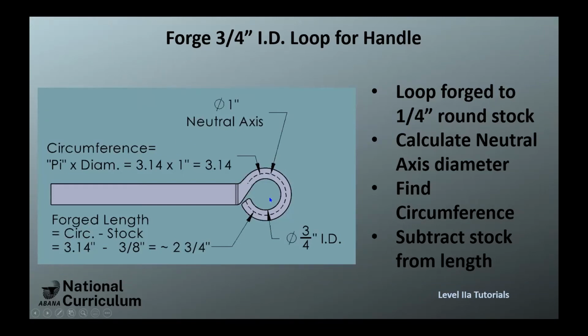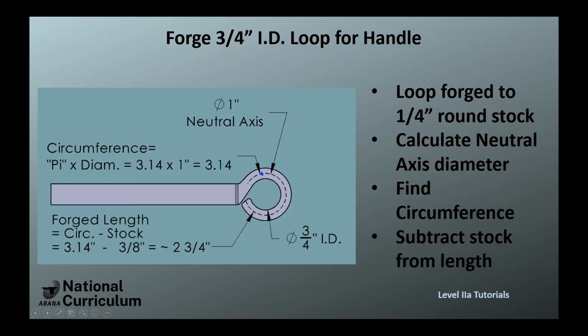Once again, review from last month, the neutral axis is the portion of any structure, beam, or member that does not have any tension or compression. So the length doesn't change.